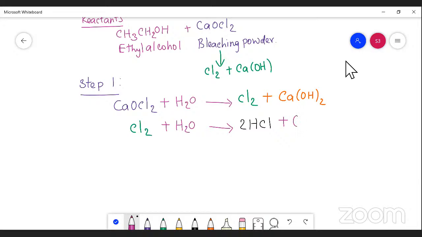Correct? And this oxygen is utilized to convert ethyl alcohol to acetaldehyde.